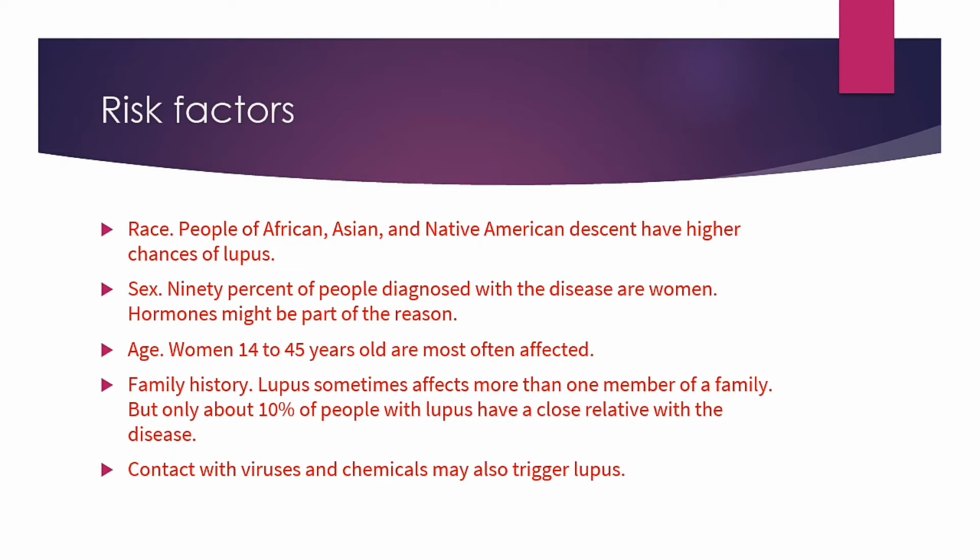That is, middle-aged women are mostly affected. Also, family history plays an important role in risk factors, such as if your family member has any type of autoimmune disease or history of lupus, then there are high chances of developing SLE. Also, if you have frequent contact with viruses or chemicals, it may trigger lupus.